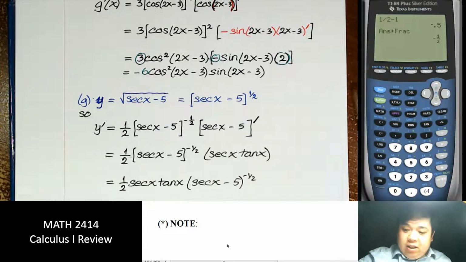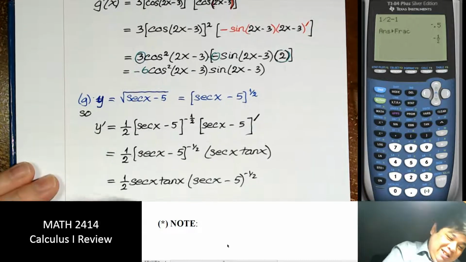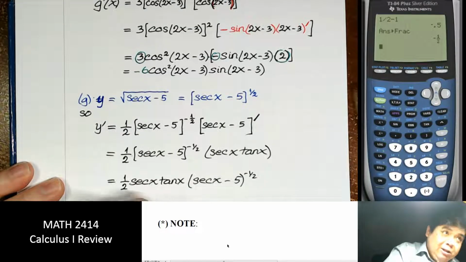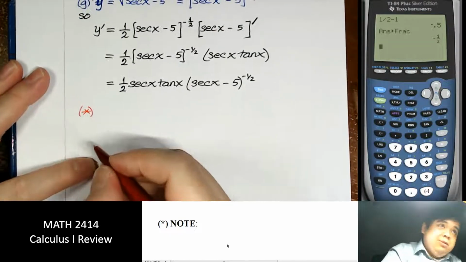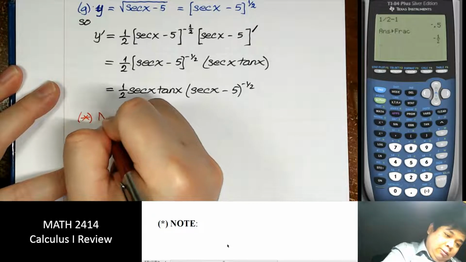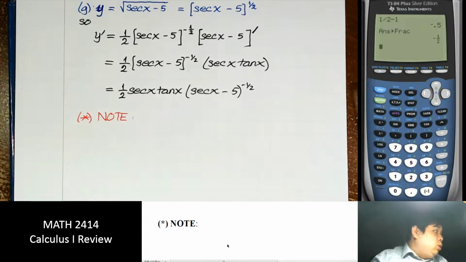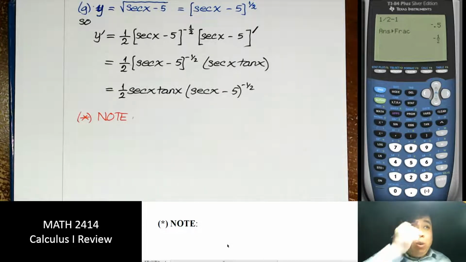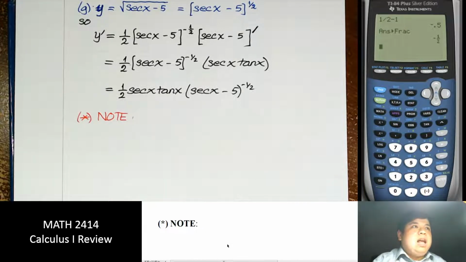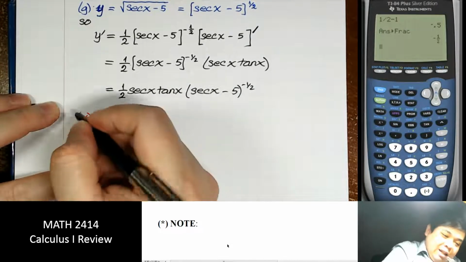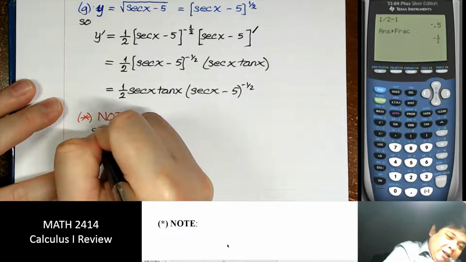Next we have a note. We use the chain rule a lot, and so later on, when we see something, then we just always like this.